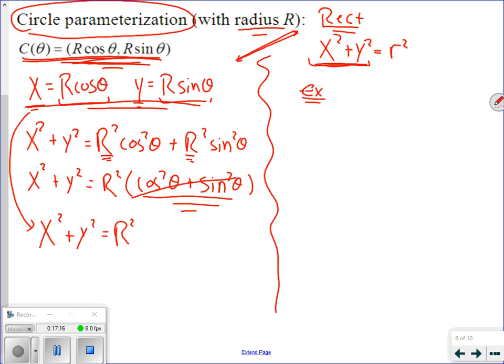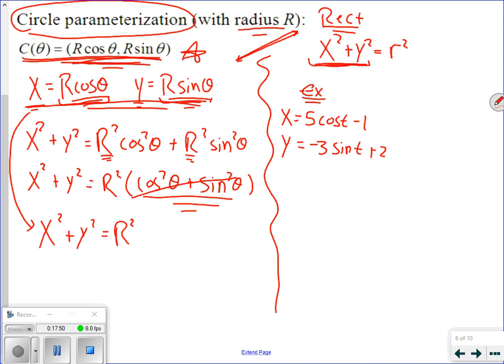Let's say that we had the parameter x equals 5 cosine t minus 1 and y equals negative 3 sine of t plus 2. If I want to eliminate the parameter, if I want to go to the rectangular form, it has to be in the form where, if I want to be able to do this logic that I'm doing over here on the left side, you've got to have a cosine or a sine equaling something.